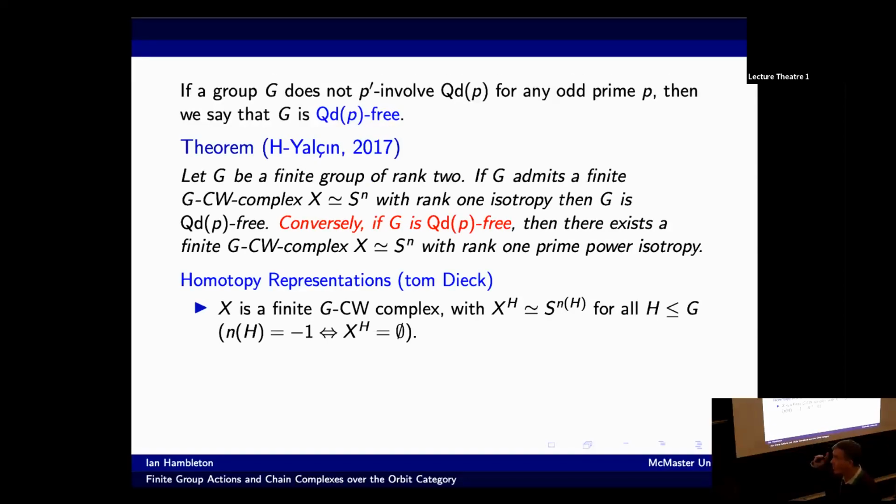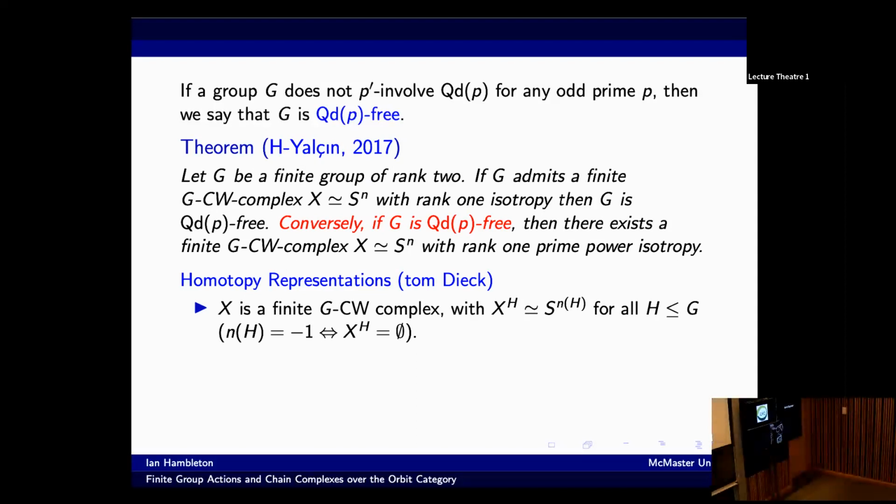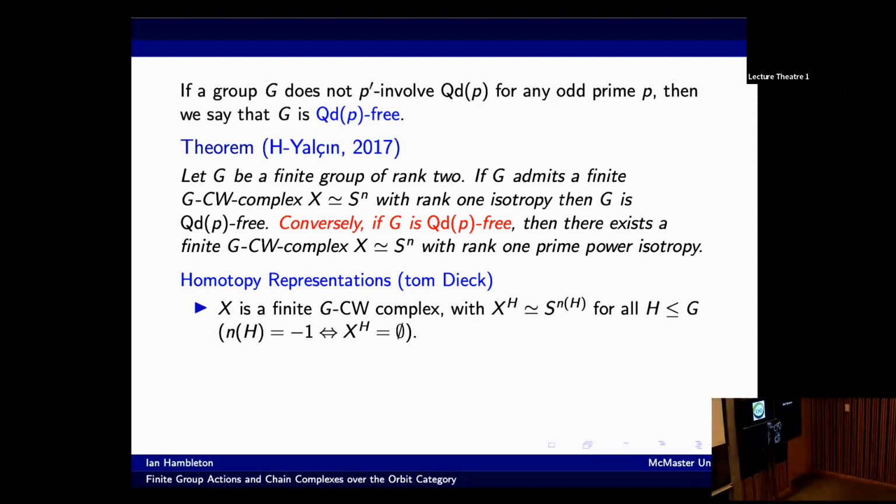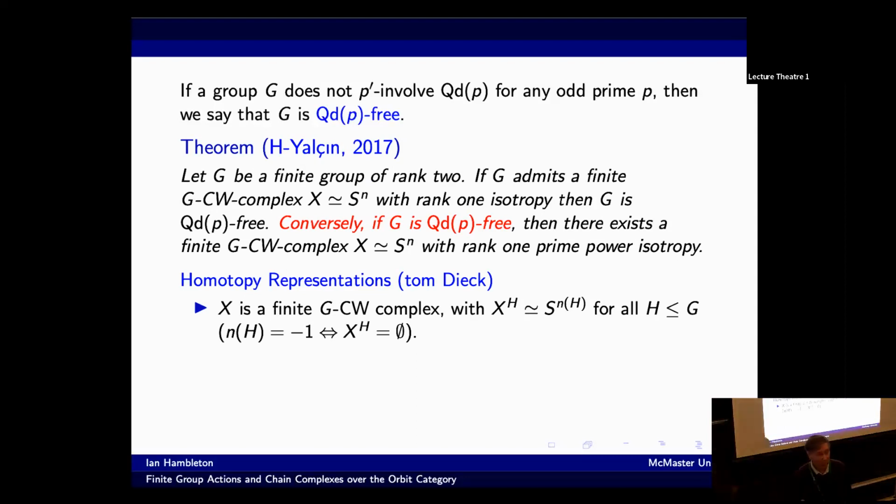Okay, so here's our theorem about setting C, the finite GCW complex setting, the least restrictive setting. This looks like a clean statement in the sense that it's an if and only if condition. All you have to do is eliminate QDP, and you can find a GCW complex homotopy equivalent to a sphere with rank 1 and prime power isotropy.